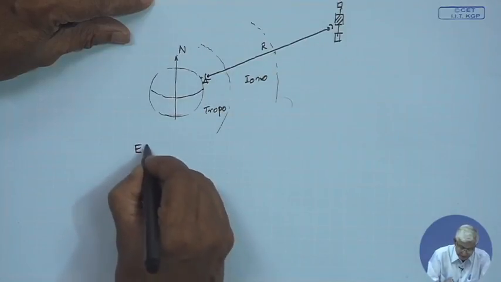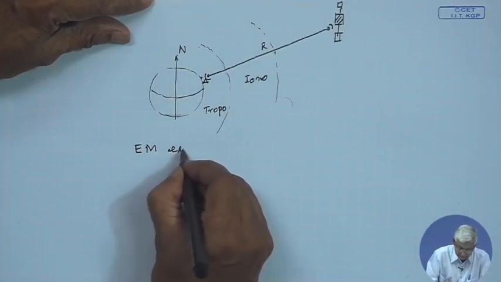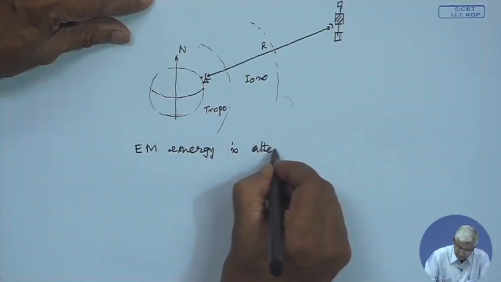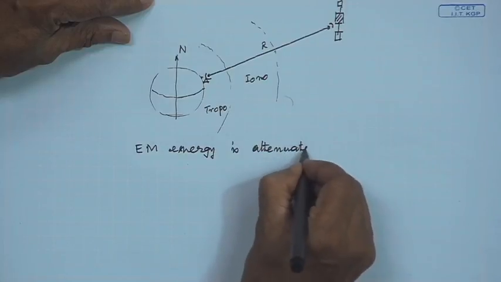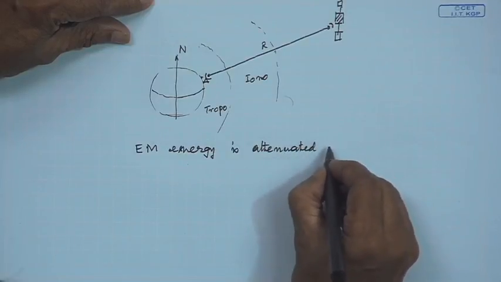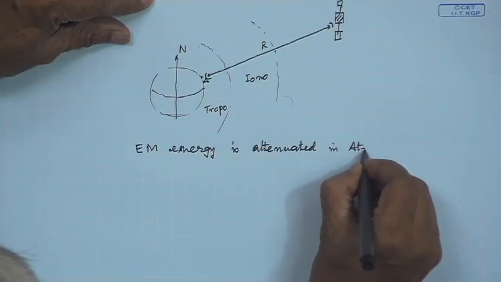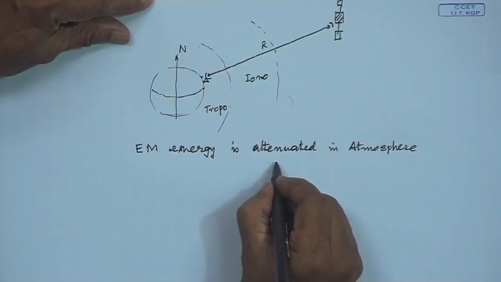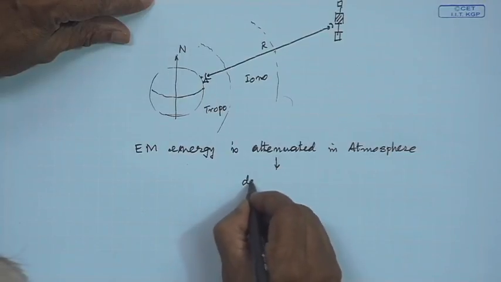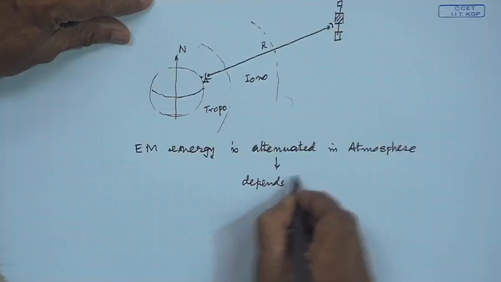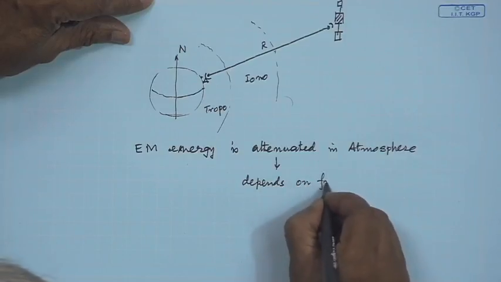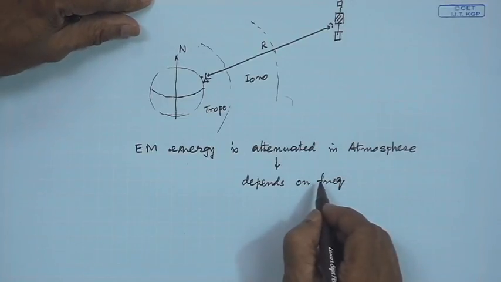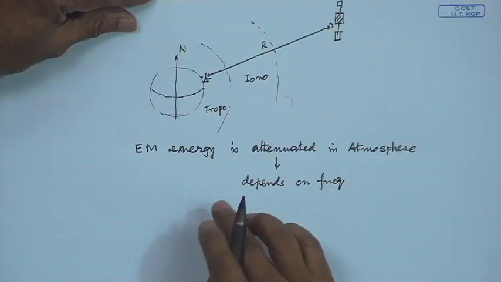So, EM energy is attenuated, generally in the atmosphere, and this attenuation depends on the frequency of operation. We will discuss this in detail when we talk about the propagation medium.